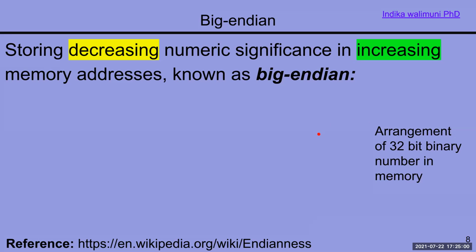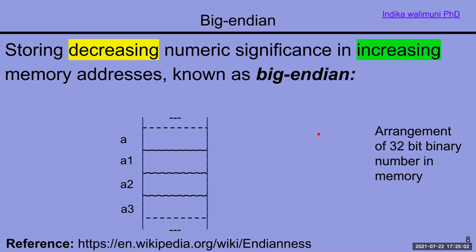We have the memory sequentially arranged: address 0, address 1, 2, 3. The addresses are arranged sequentially in increasing order as we go down, and we're going to store a 32-bit binary number in this memory.